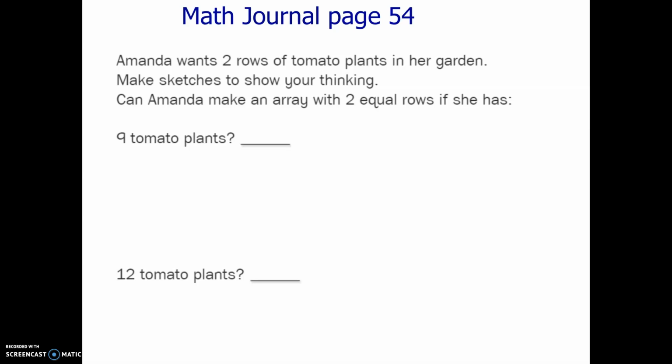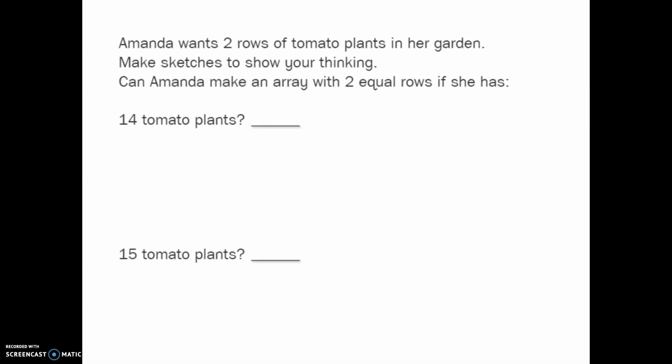Can Amanda make an array with 2 equal rows if she has 12 tomato plants? What if she has 14 tomato plants? Can Amanda make an array with 2 equal rows if she has 14 tomato plants? What about if she has 15 tomato plants?